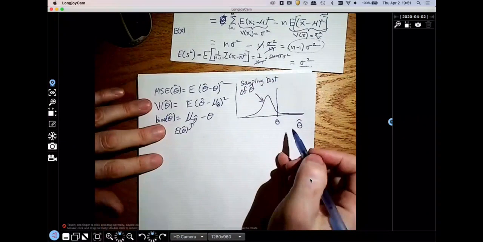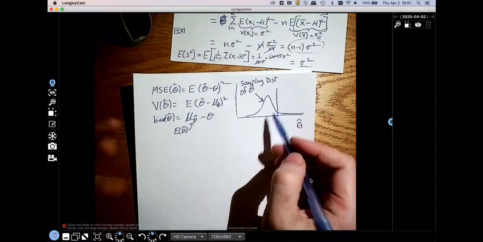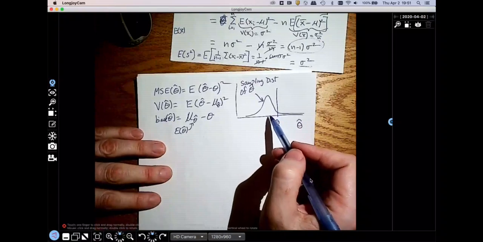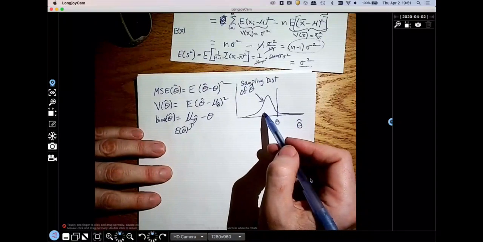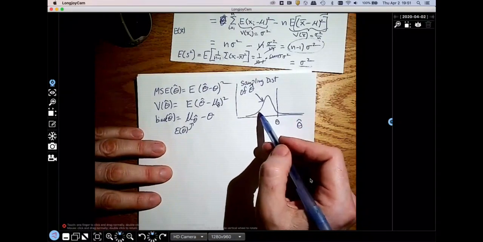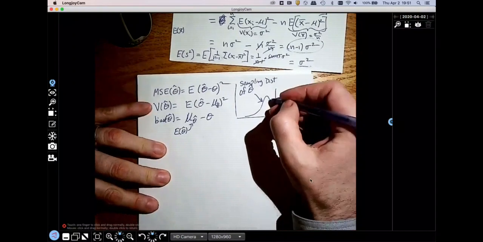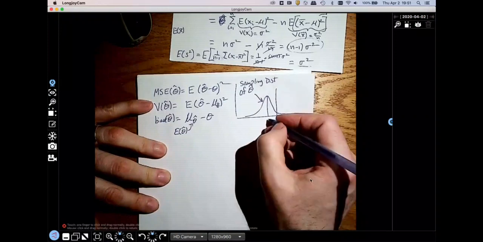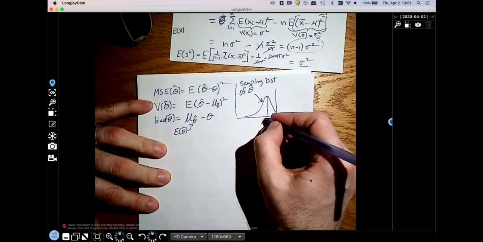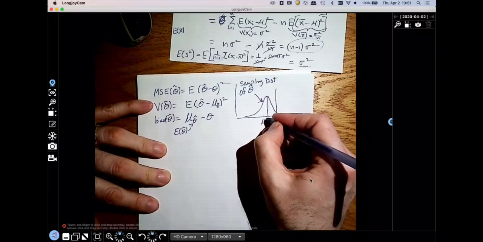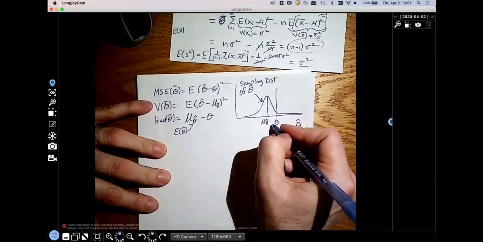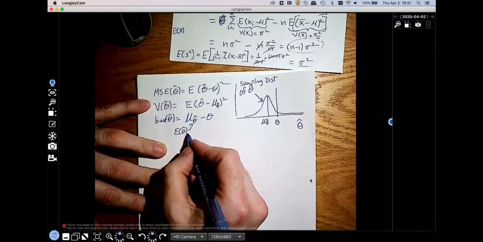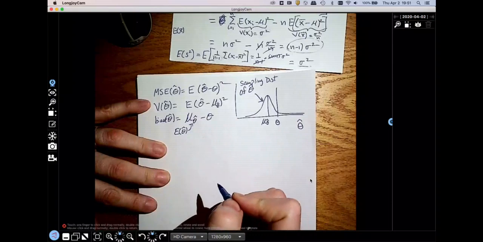What this is saying is, across my samples, I don't get the same estimate each time. With one sample, maybe my estimate's higher, other times my estimate's lower. But on the average, I'm going to get this value here, which is mu sub theta hat, the expected value of theta hat.